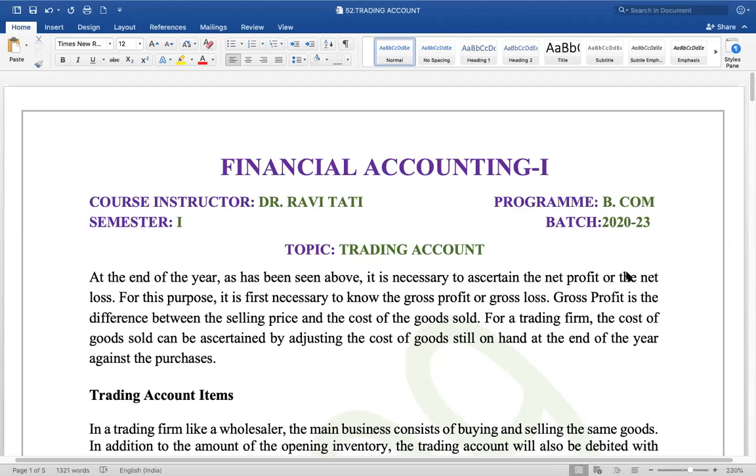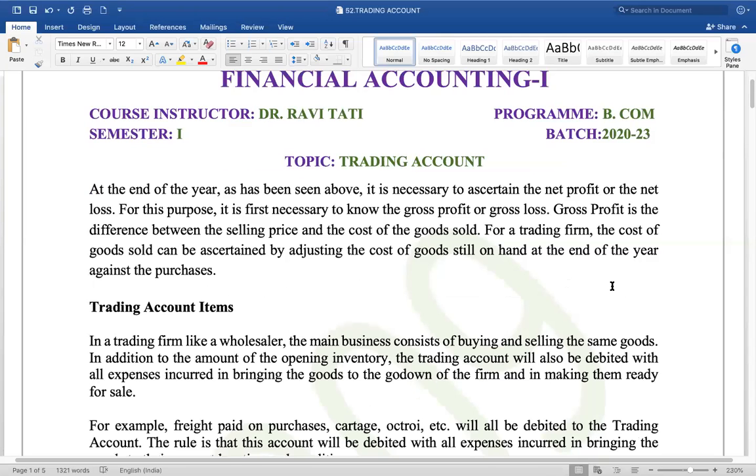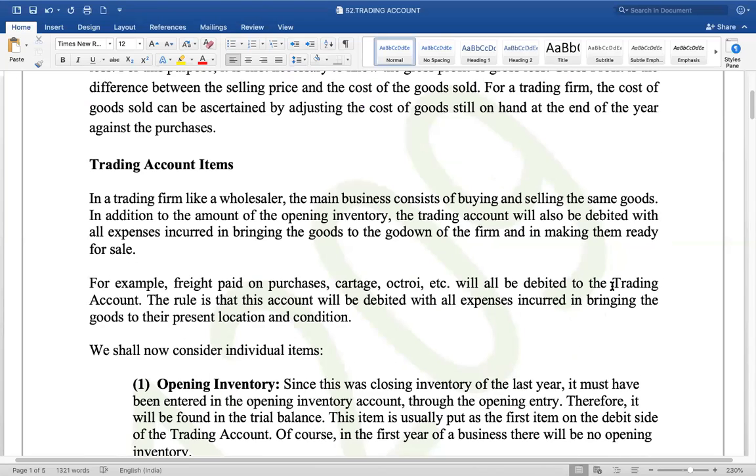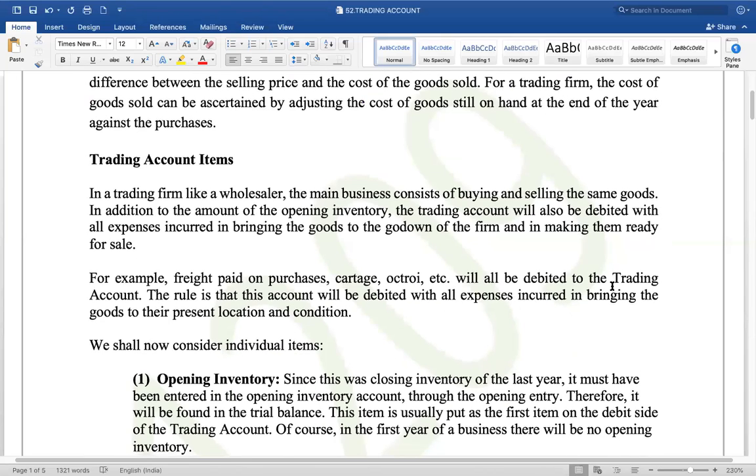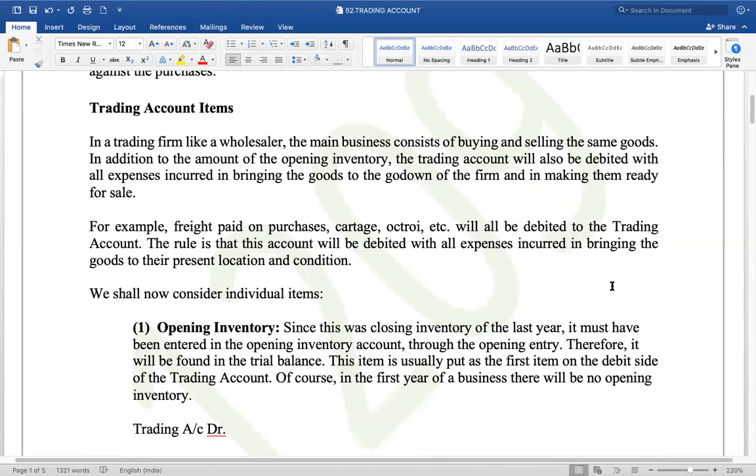Now, the cost of goods sold is deducted from the sales, and thereby you get your gross profit. From this gross profit, you remove all your administrative, selling, and distribution expenses, and you will get your net profit.